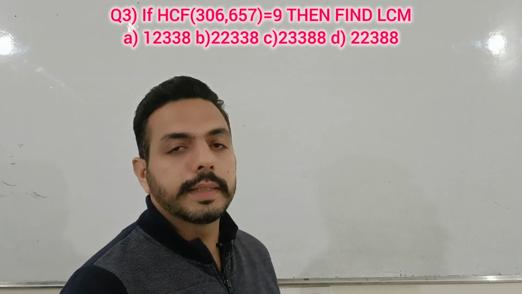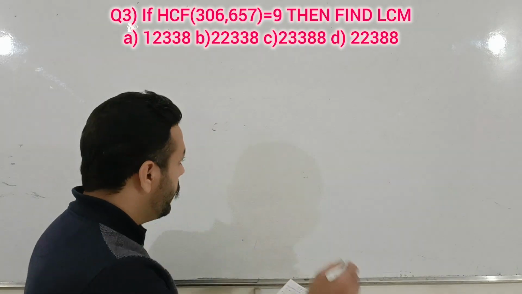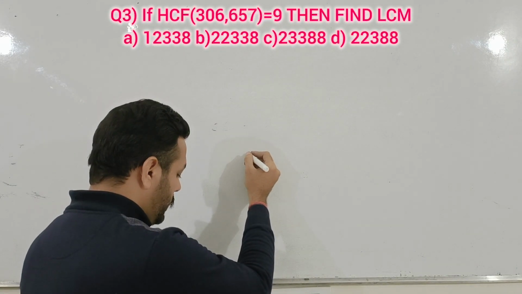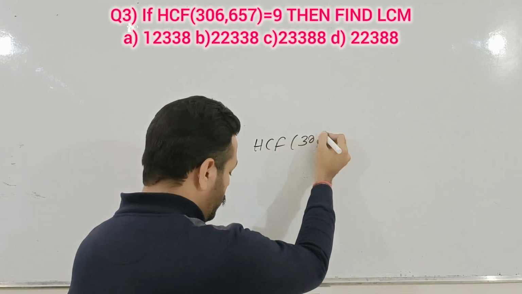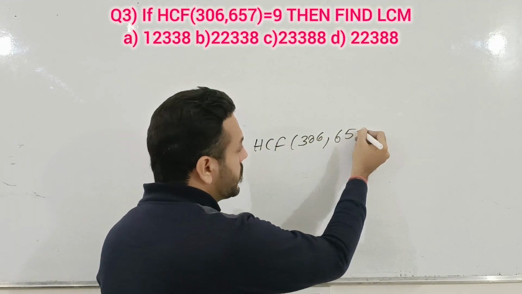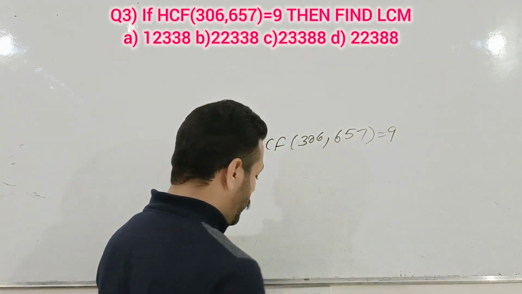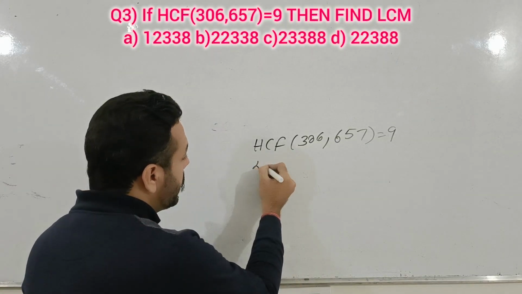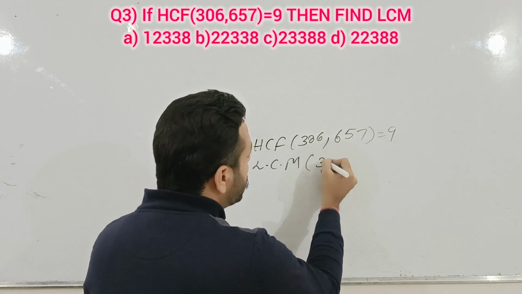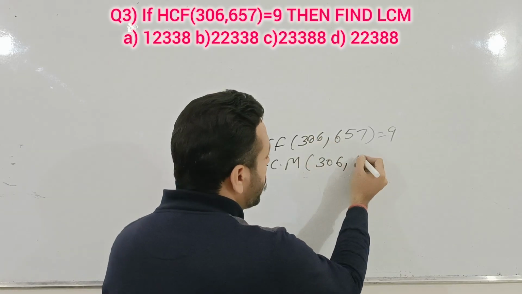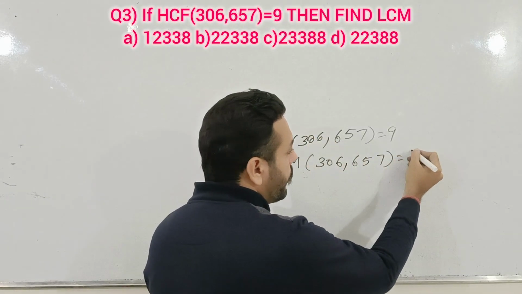Now we will discuss the third question. If the HCF of 306 and 657 is 9, find the LCM of 306 and 657.